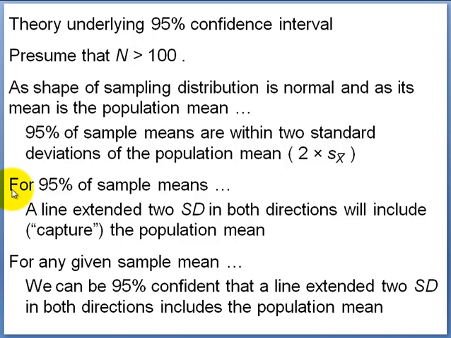So this is just another way of saying that for 95% of the means in the sampling distribution, if we extend a line 2 standard deviations in both directions from that sample mean, well, for 95% of sample means, this line will include the population mean.